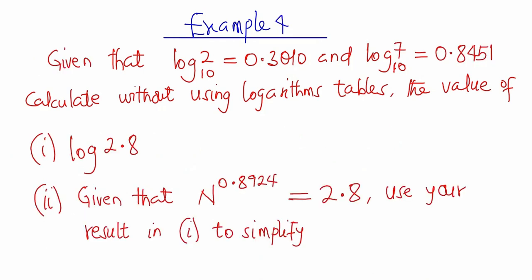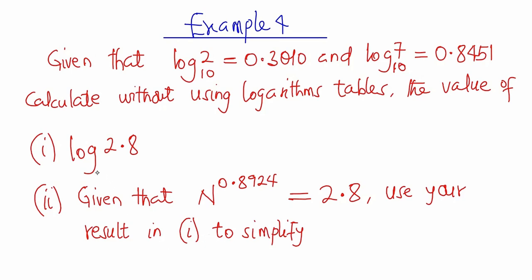So example 4 says that given log 2 base 10 to be equal to 0.3010 and log 7 base 10 to be equal to 0.8451, calculate without using logarithm tables the value of I, log 2.8, and II says that given n exponent 0.8924 to be equal to 2.8, use your result in I to simplify.